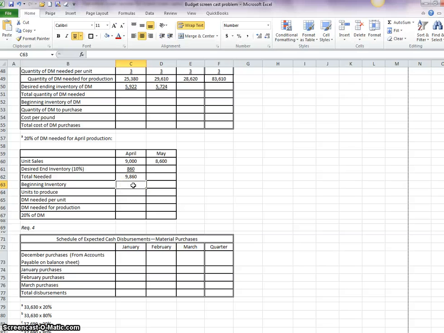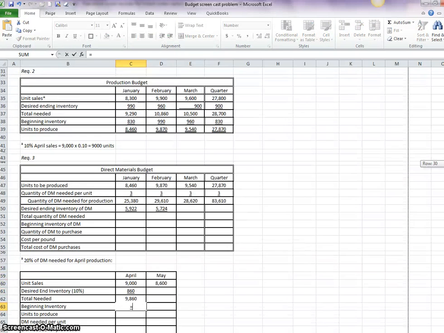So now what is our beginning inventory in April as far as inventory units goes? Well, it equals the ending inventory of March. So let's go up to March's ending inventory, and we get 900.